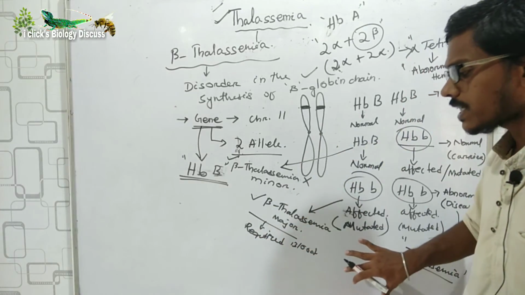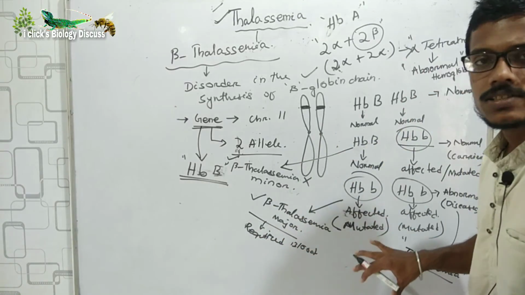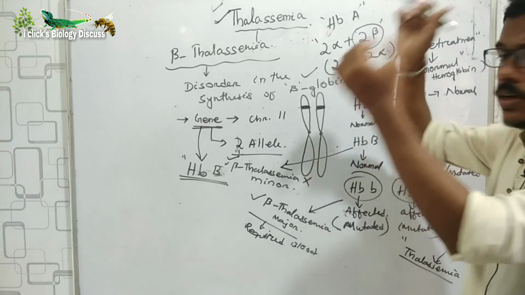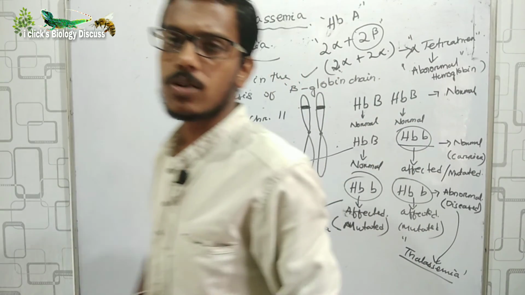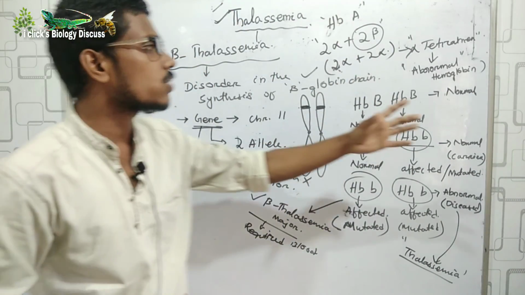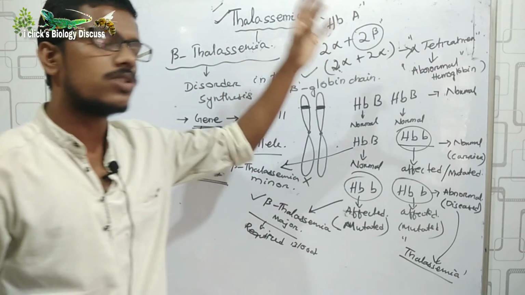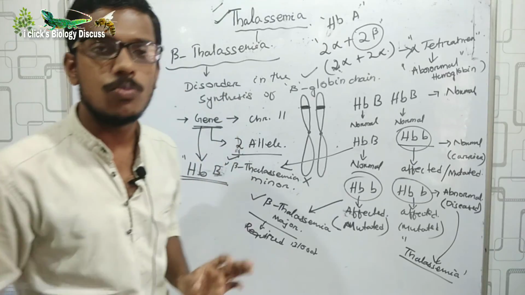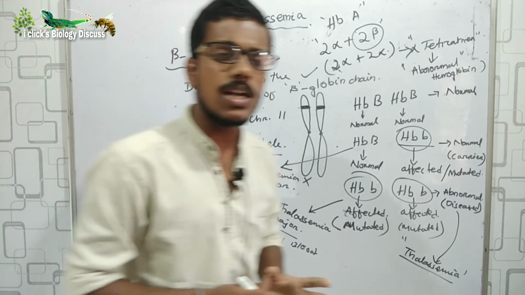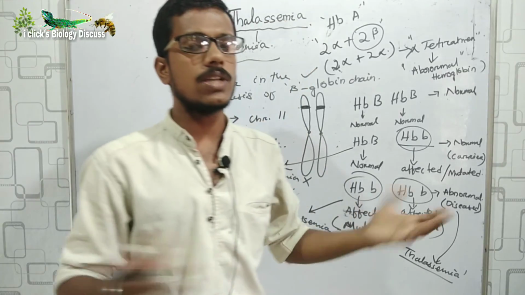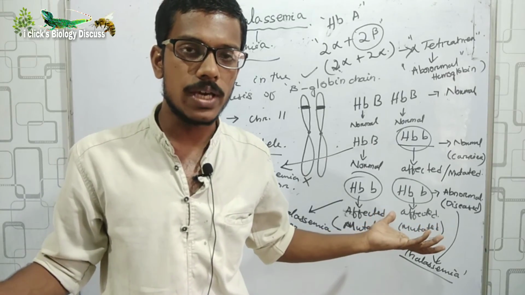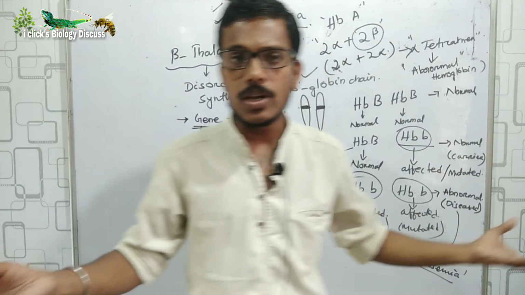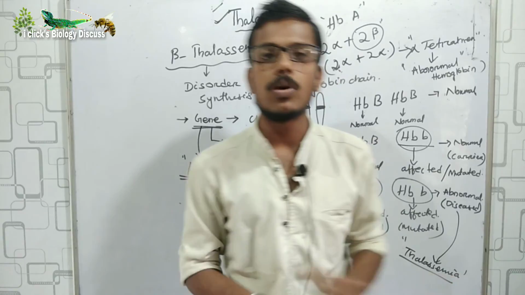But in case of beta thalassemia major, that is the major case, there will be a decrease in the synthesis of beta globin chain, or no beta globin chain, and that will lead to formation of alpha tetramer, which is an abnormal hemoglobin. If there is abnormality in the hemoglobin, then that person will be weak. As you know, hemoglobin provides oxygen to the different body parts.